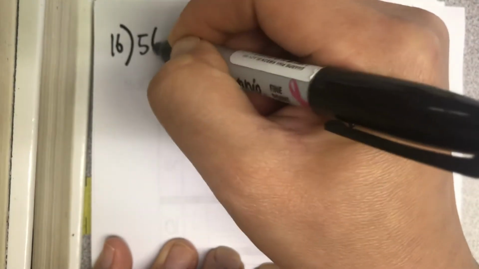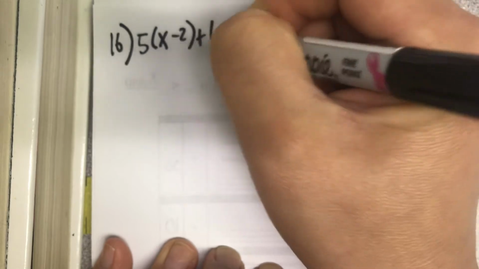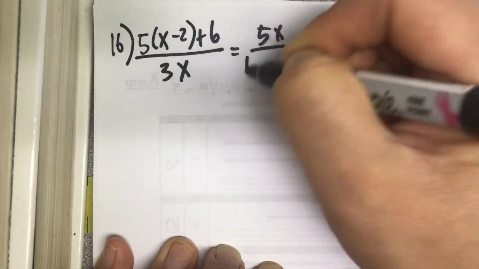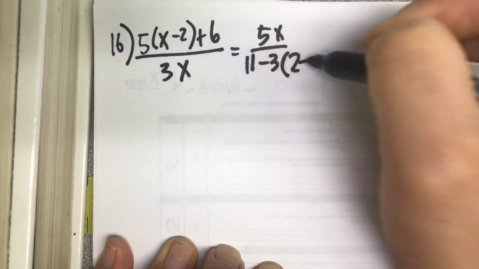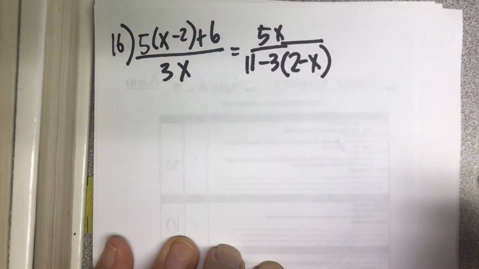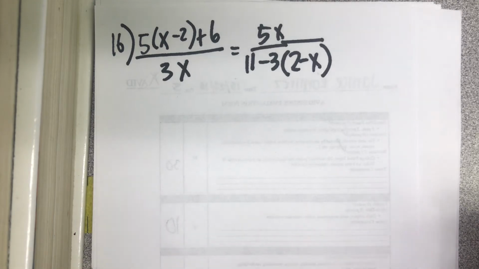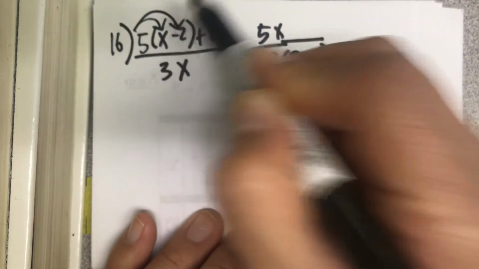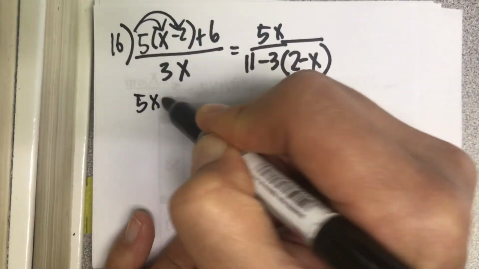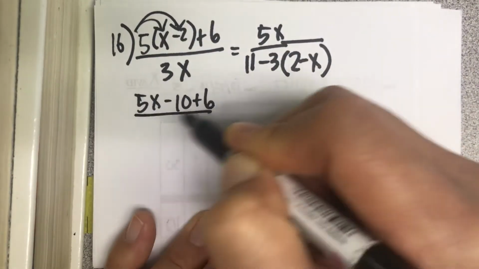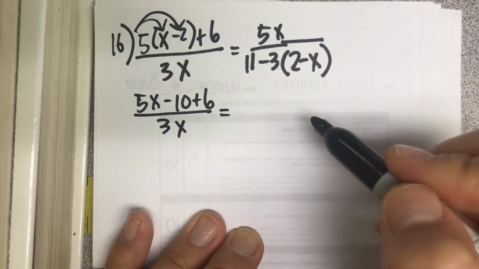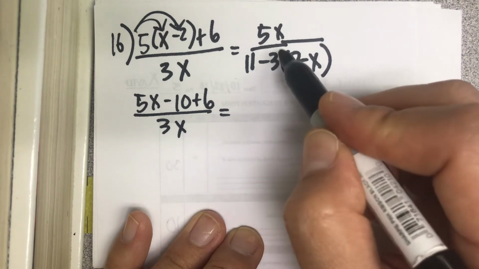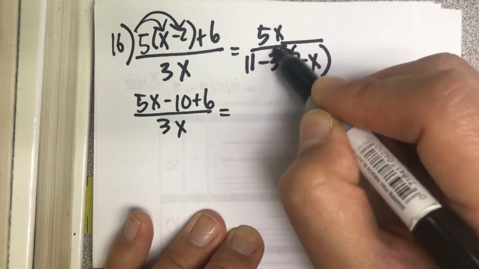Here it goes: 5 times x minus 2 plus 6 over 3x equals 5x over 11 minus 3 quantity 2 minus x. Okay, so here what we need to first do is distribute that. That's going to be 5x minus 10 plus 6 over 3x equals, and then we need to also distribute this right here.